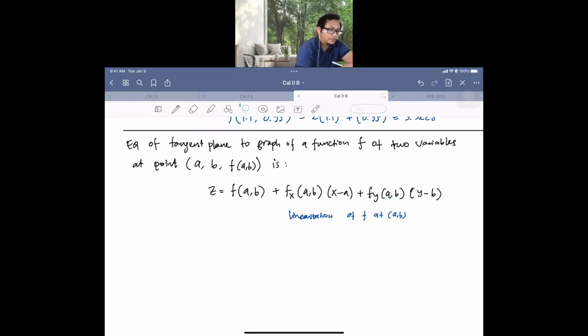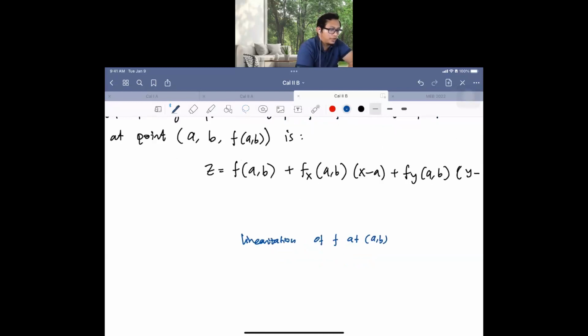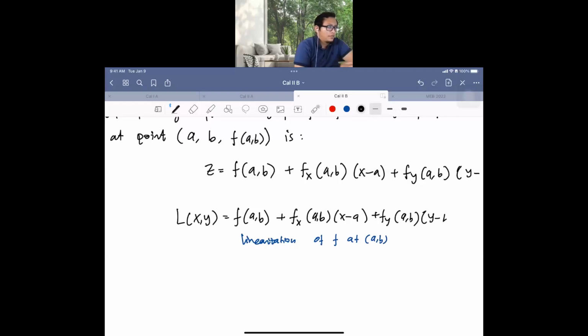It's actually essentially the same thing.